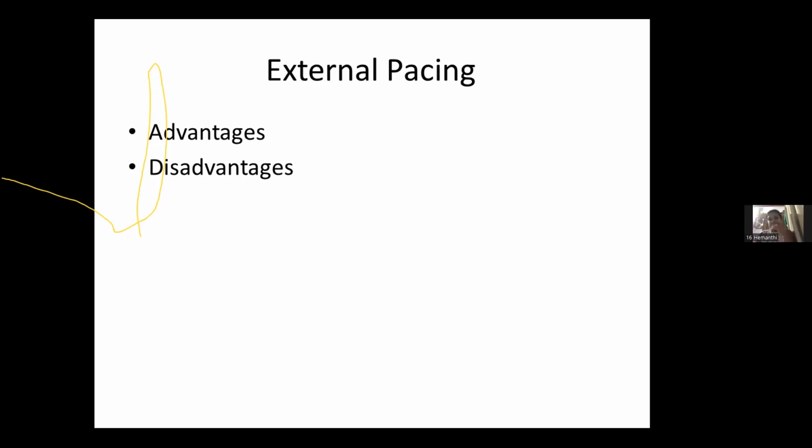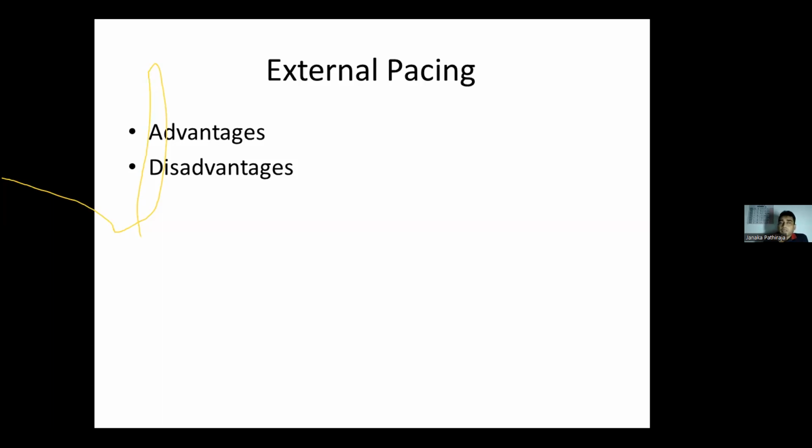Patient discomfort. Yeah, because it will pace the heart through the chest wall. Electrical impulses go through the chest wall muscles to the heart, so the patient will get chest discomfort, pain, muscle twitching and other problems. So it is uncomfortable or painful to the patient.